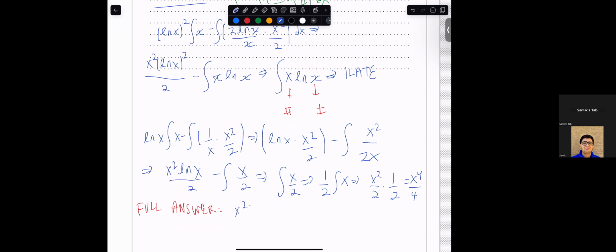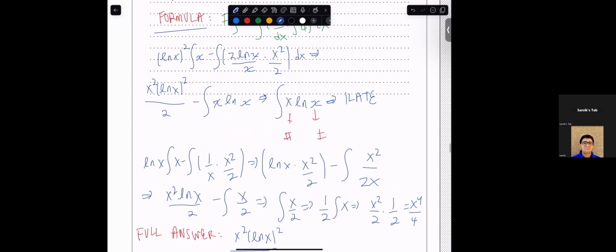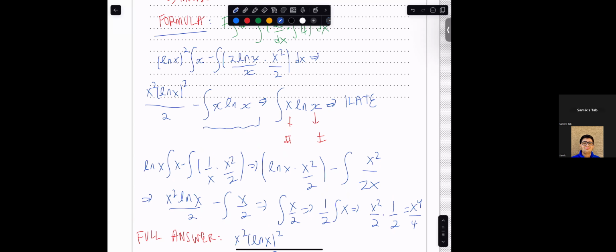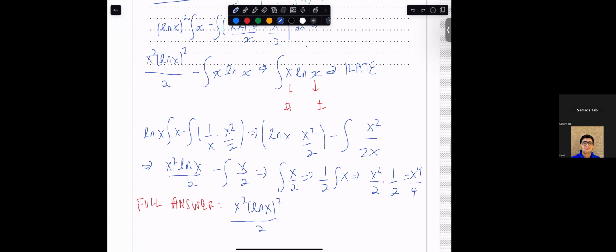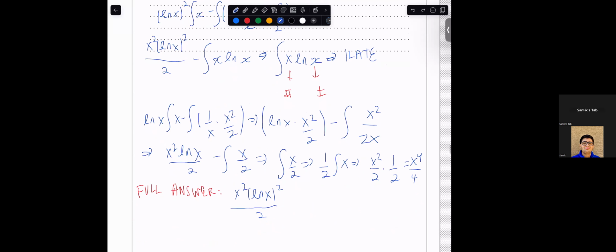x squared ln x whole square upon 2. Now we have a minus x ln x, right? Minus x ln x. And we've only done the integral of positive ln x. So I'm going to put a minus here, and we can put it like this. And we have our integral right here.